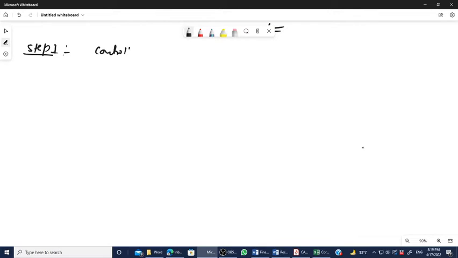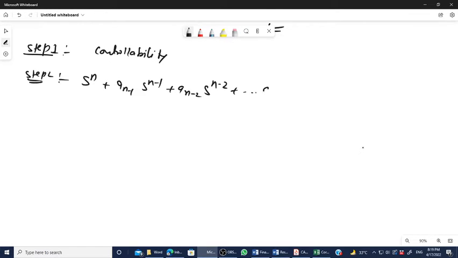I'm not going into detail. Then step 2, the characteristic equation: s power n plus a n minus 1 s power n minus 1 plus a n minus 2 s power n minus 2 plus dot dot dot plus a1 s plus a naught equal to 0.